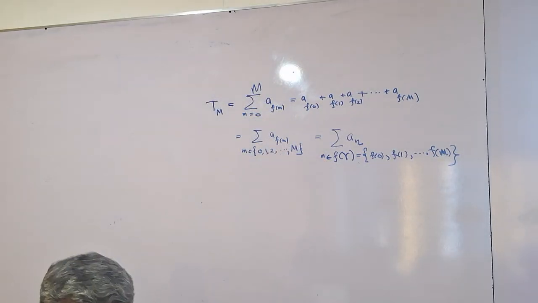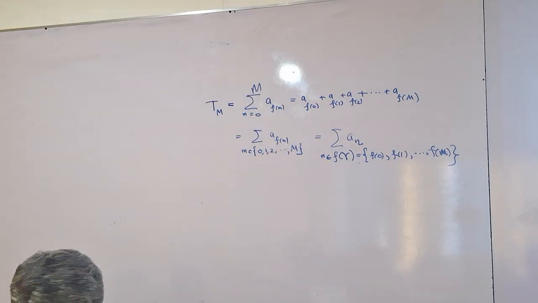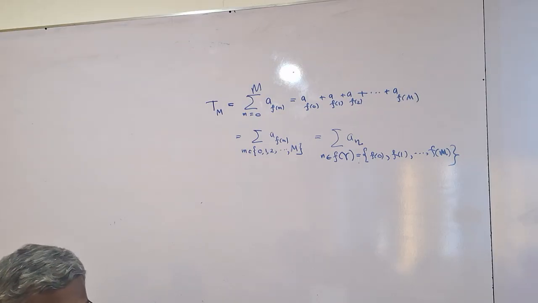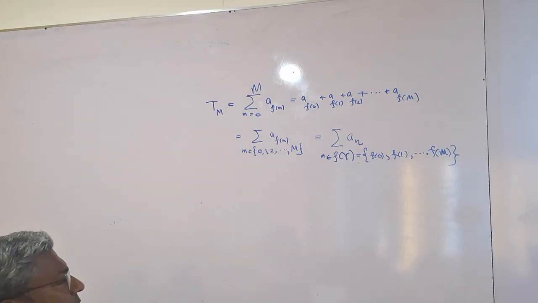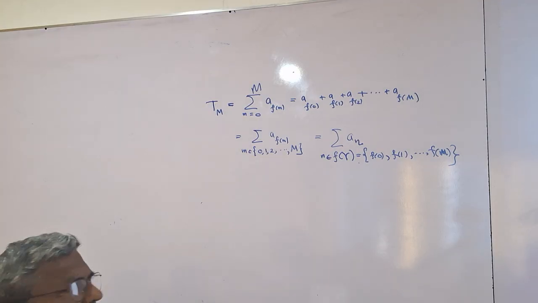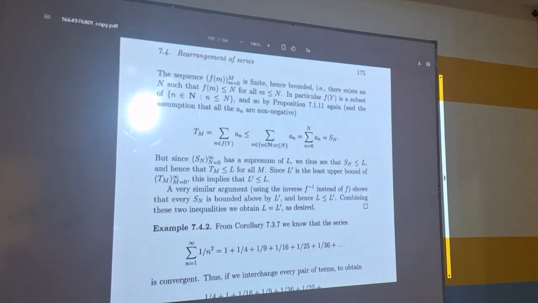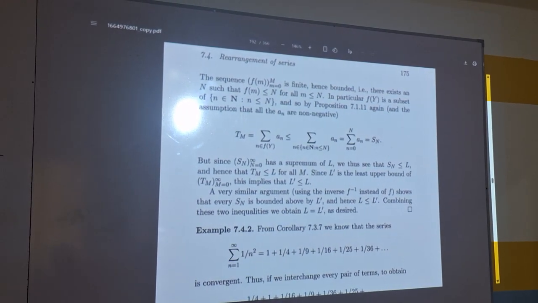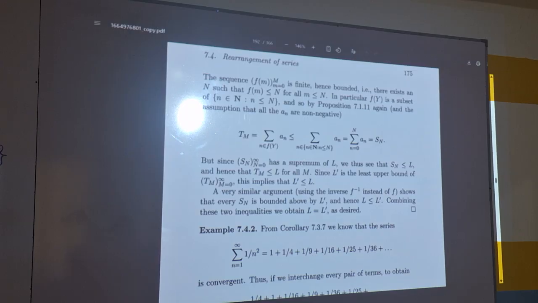Okay. Now what does he say? He says now the sequence Fm, M going 0 to capital M. Yes, page. Now he is considering the sequence Fm, M going 0 to capital M, that is F0, F1, F2 up to FM, which is finite.